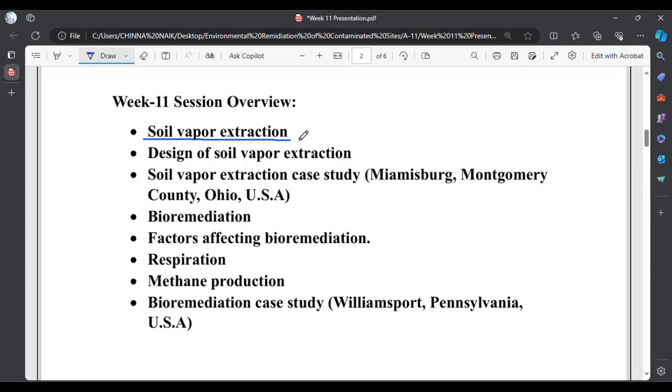It is very easily manageable and requires very little hard work. We can easily remediate the contaminants, removing them from the soil or water.